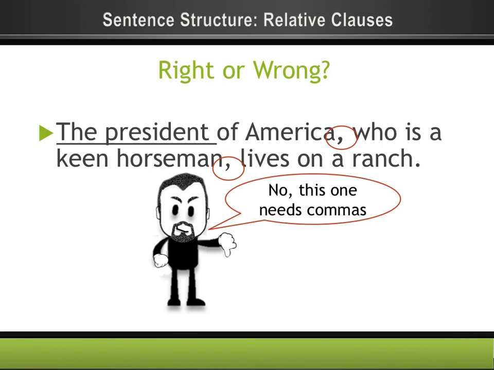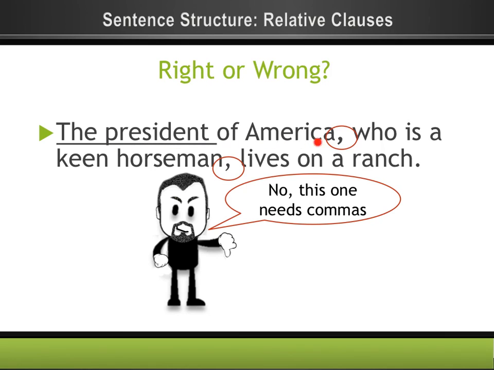Wrong. The President of America. Now this is the title of one person, right? So how many presidents of America are there? Well, right now, there's only one.